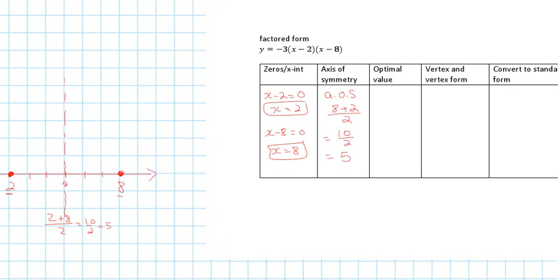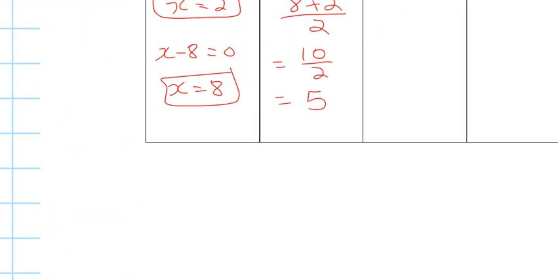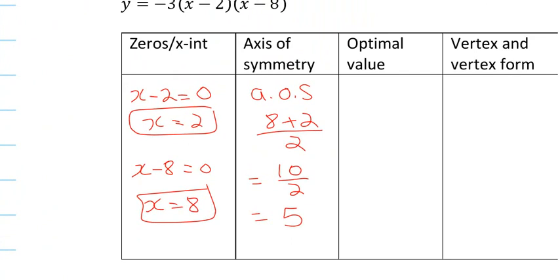So I take the axis of symmetry, which is 5, and plug it in for x. Sorry guys, I'm going to make my writing a little smaller. So you see, I'm going to replace x with 5 and the other x with 5.